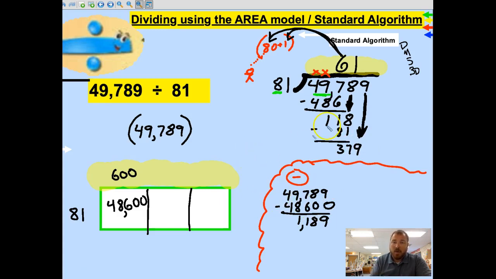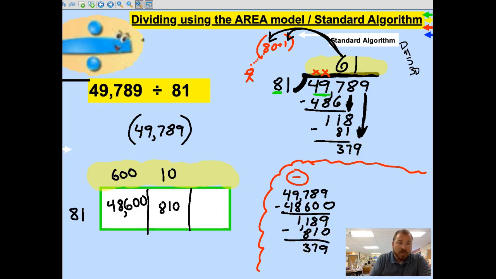Same thing's going to happen over here. I put a 1 up in the tens. That means that it's worth 110. And then I can multiply that out. It's going to be 810 that has been passed out of my 1,189. 9 minus nothing, 8 minus 1, and 11 minus 8. We see we have our 379 and our 379.